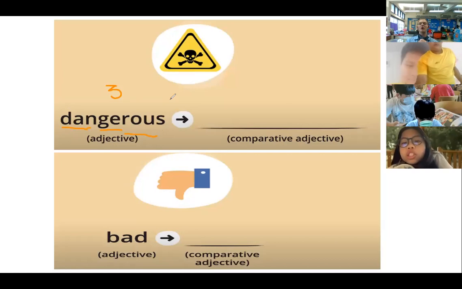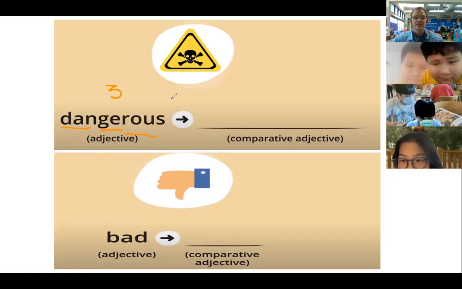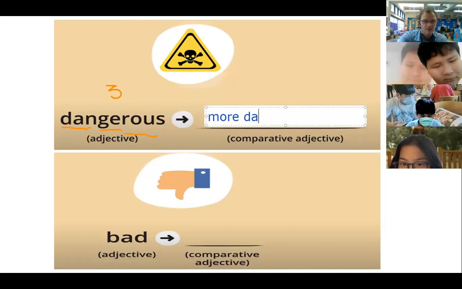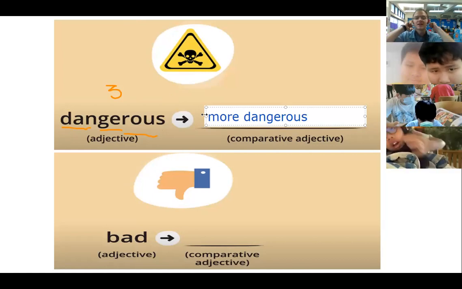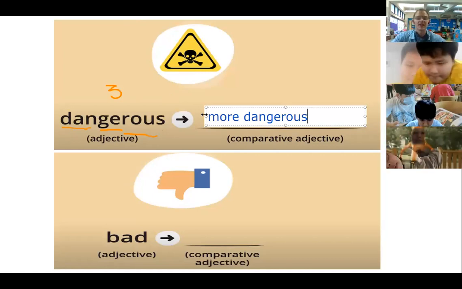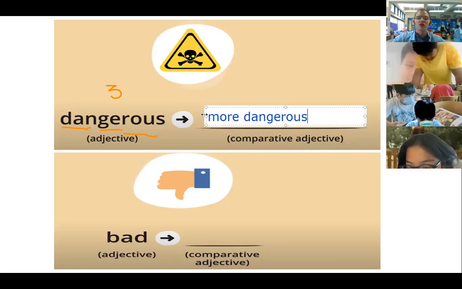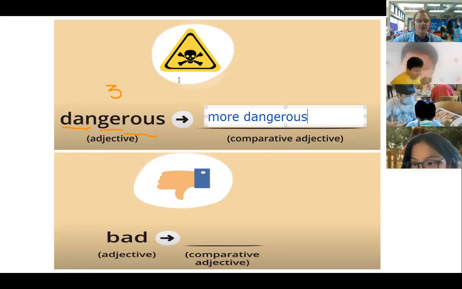So what is our rule? More dangerous. How about dangerous-er? Does that not sound nice? More dangerous. That is 100% correct. Thank you, Tantan. Because there are more than 2 syllables, we add the word more in front of the adjective.